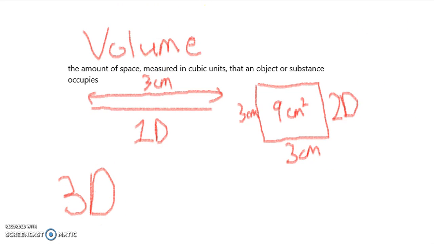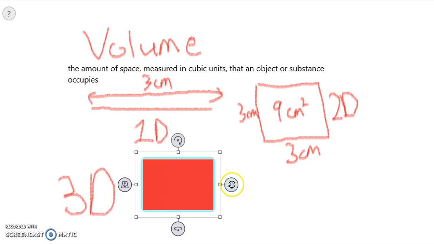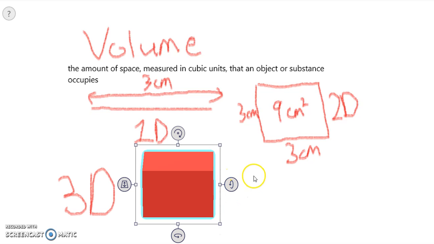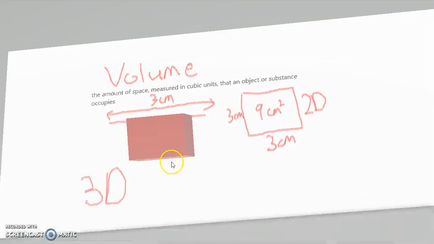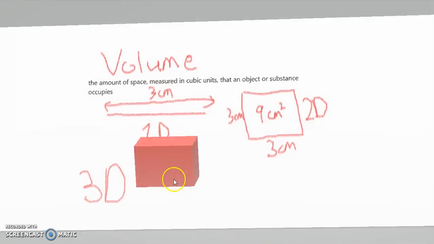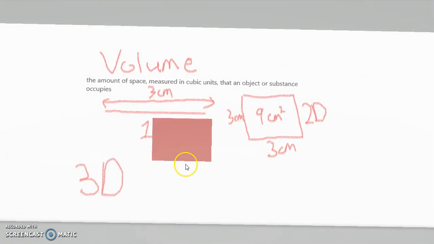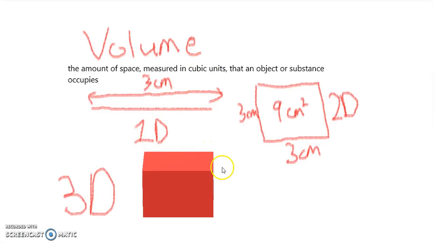So, when we are looking at a 3D object, let's look at something like this. Oh, three-dimensional object, and we can switch our view and look. Oh yes, that thing actually has 3 dimensions. It has thickness to it. Very cool.